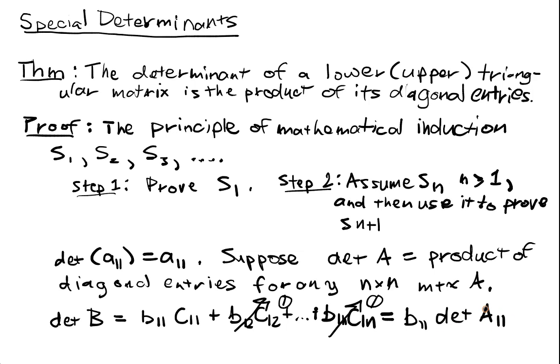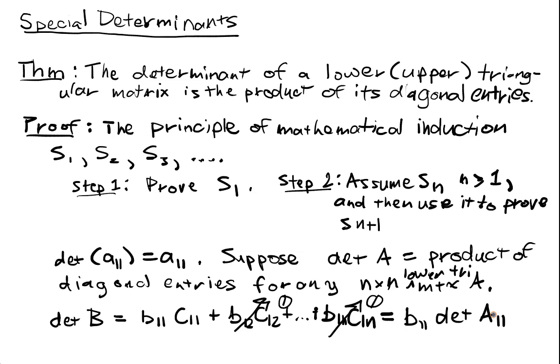Well, A11 is an n by n matrix, and in particular, because B was lower triangular, A11 is an n by n lower triangular matrix. So we've assumed that for any lower triangular matrix that's n by n, the determinant is the product of the diagonal entries.